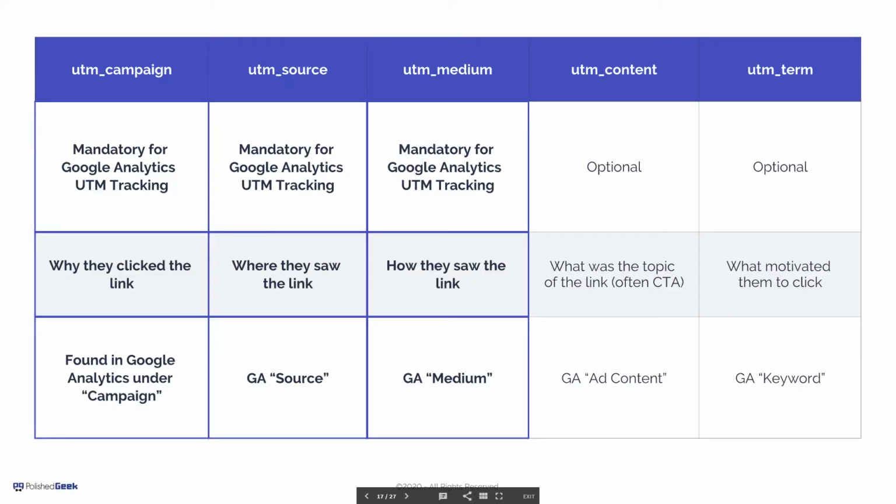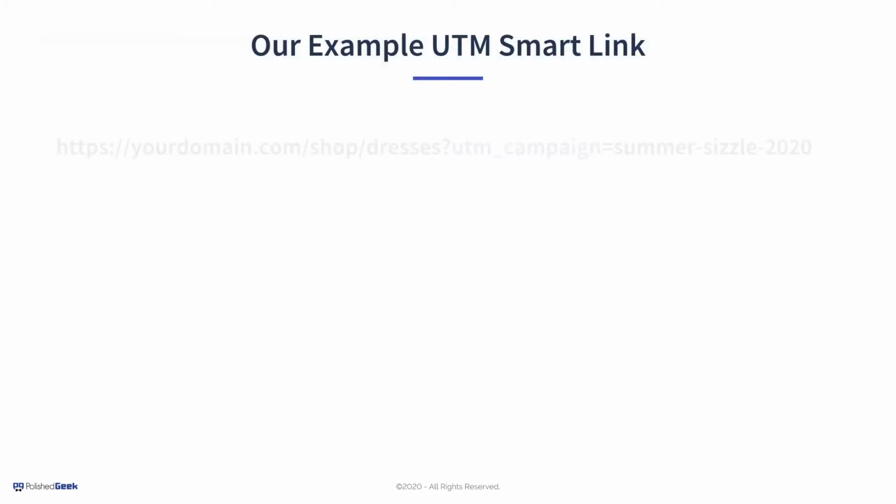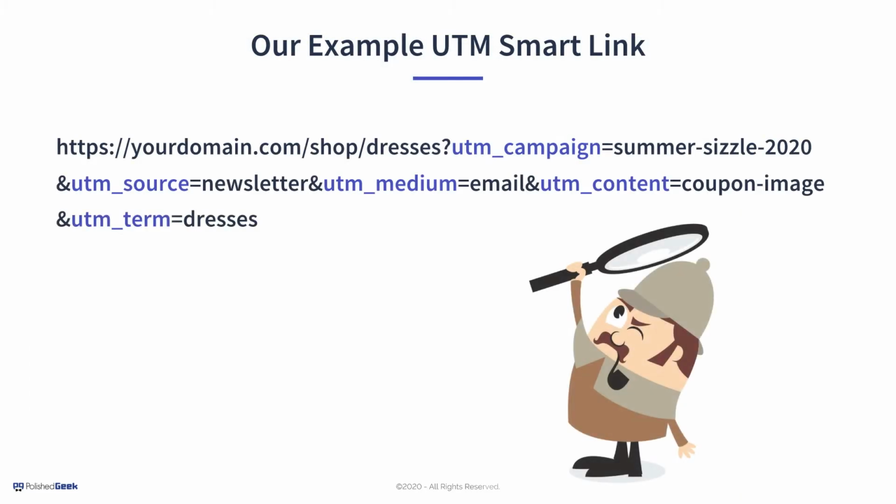And on the last row here I'm showing where they are found, right? What specifically does that UTM value go into in Google Analytics? And on the next page, I have how that whole thing came together. Let's say I'm doing a summer sizzle campaign. I'm putting out a newsletter, which of course is seen in an email. The content is that the person clicked on a coupon image and they reacted to one of the newsletters with the theme of dresses.